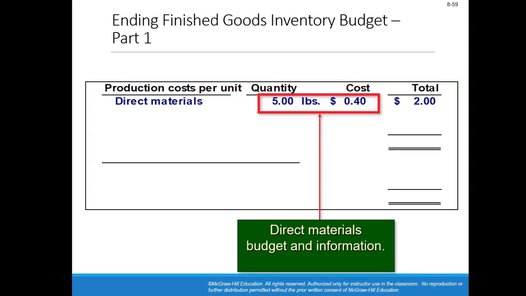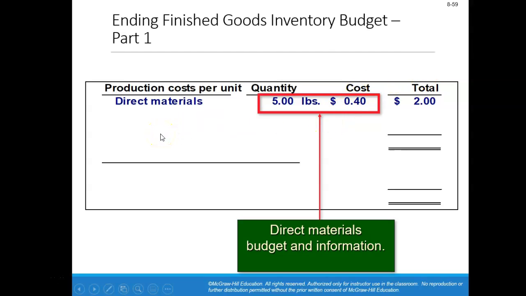Next, we have what we call our finished goods inventory budget. Remember that the quantity is 5 pounds needed to make 1 unit. Our cost is 40 cents per pound. Again, we need 5 pounds to make 1 unit, and our cost is 40 cents per pound.